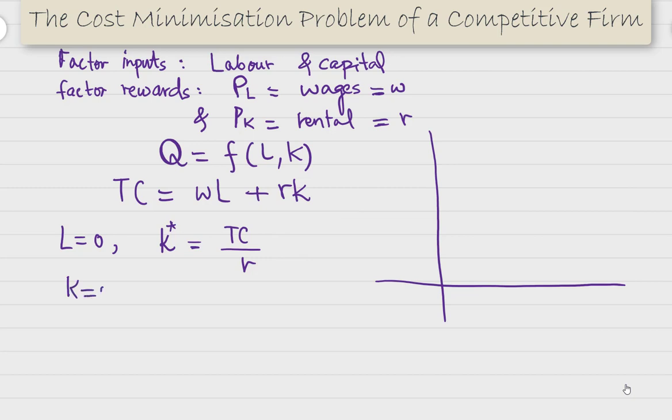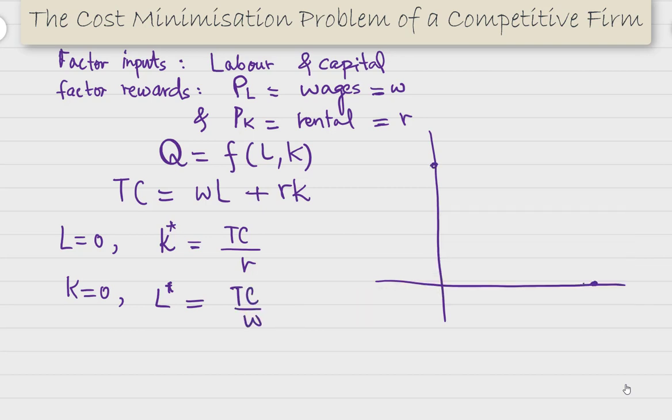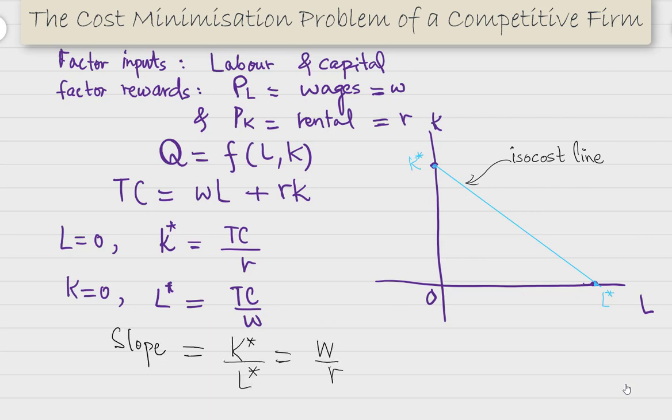If we set K equal to 0, then we get the horizontal intercept L star, which is equal to total cost over the wage. We specify these 2 points on the graph with labor on the horizontal axis and capital on the vertical axis, and then join the 2 points by a straight line. This is our isocost line. We can find the slope of this line as W over R.